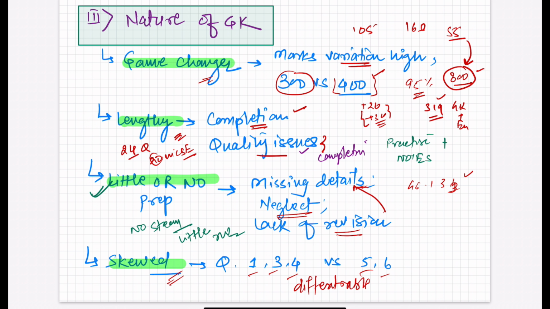This differentiable aspect alone would fetch you another 5 to 10 marks, as your preparation will be oriented by the skewed strategy, the skewed marking, and the overall benefit of the marking scheme.